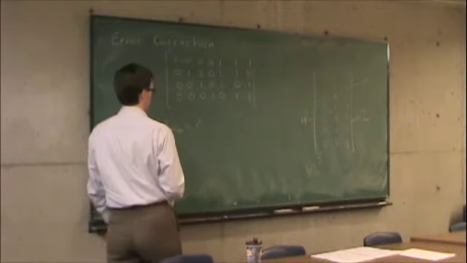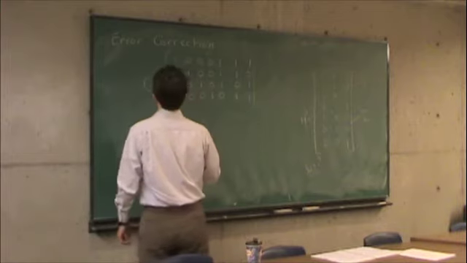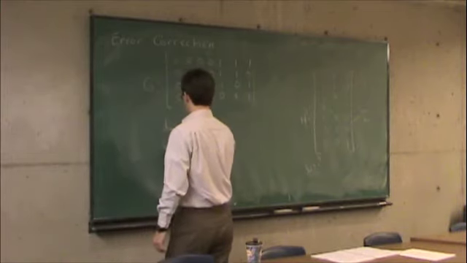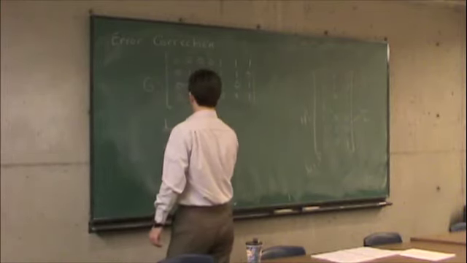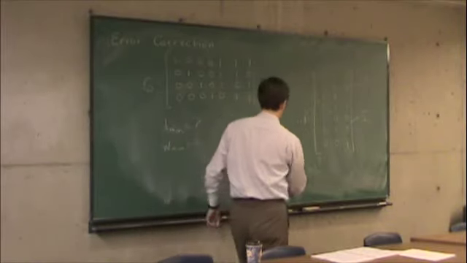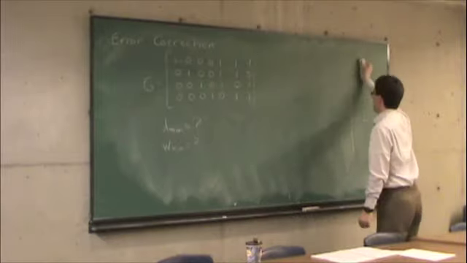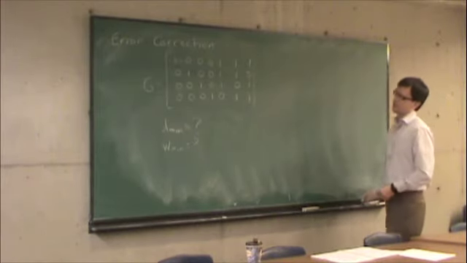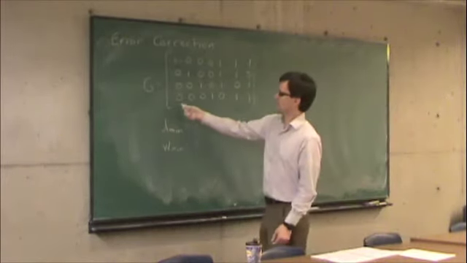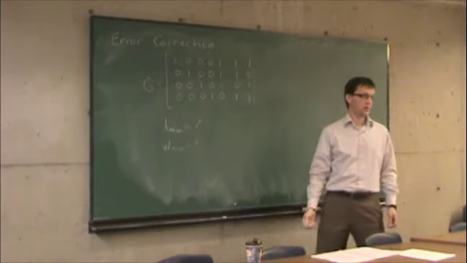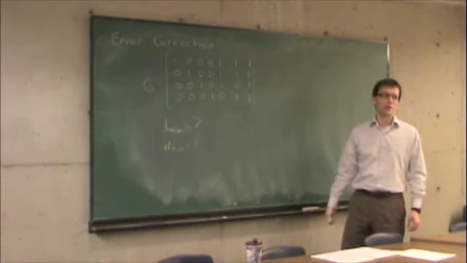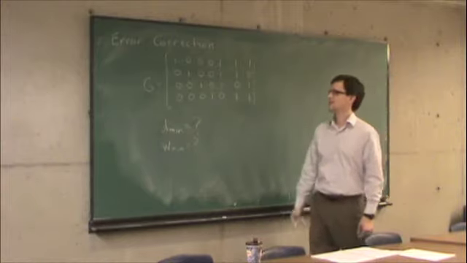In order to calculate Dmin, the easiest way, since this is a linear block code, is to calculate the minimum Hamming weight code word. So how many code words do we have here? K is 4, so 2 to the 4 is 16.